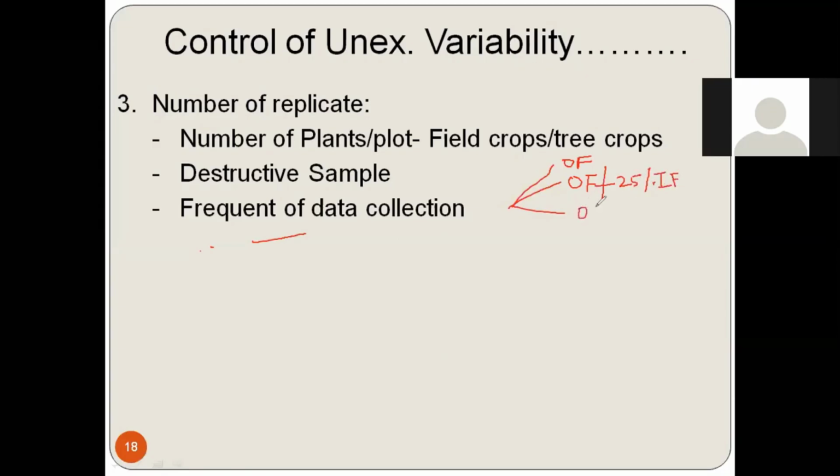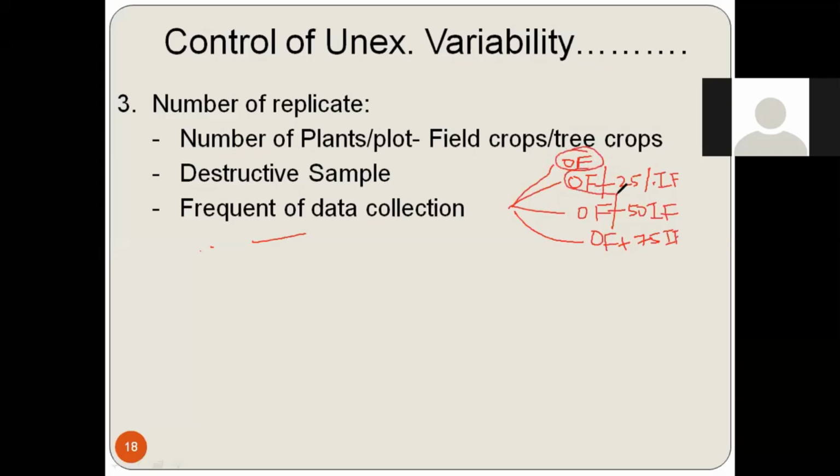The third one, organic fertilizer plus 50% of recommended inorganic fertilizer. The fourth one, organic fertilizer plus 75% inorganic fertilizer. You see, do you think all the treatments are the same? This is only organic fertilizer.